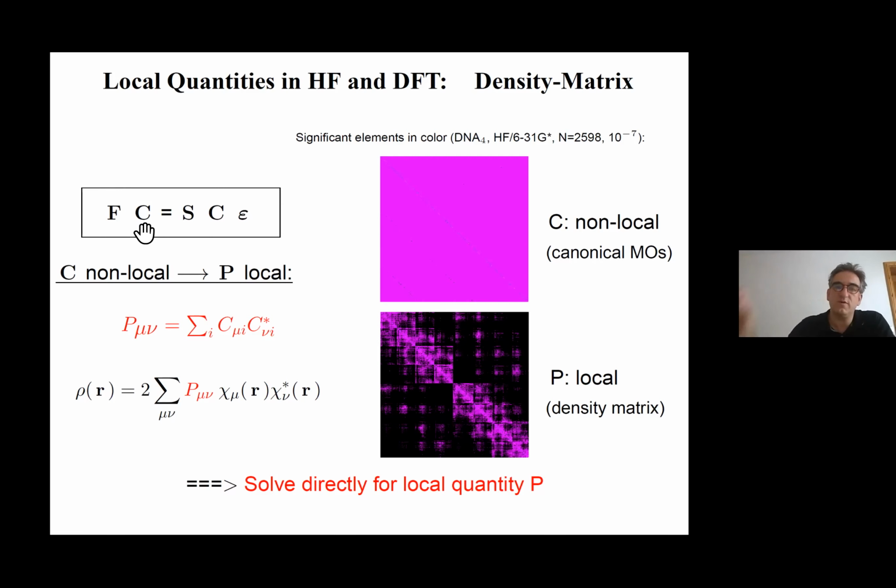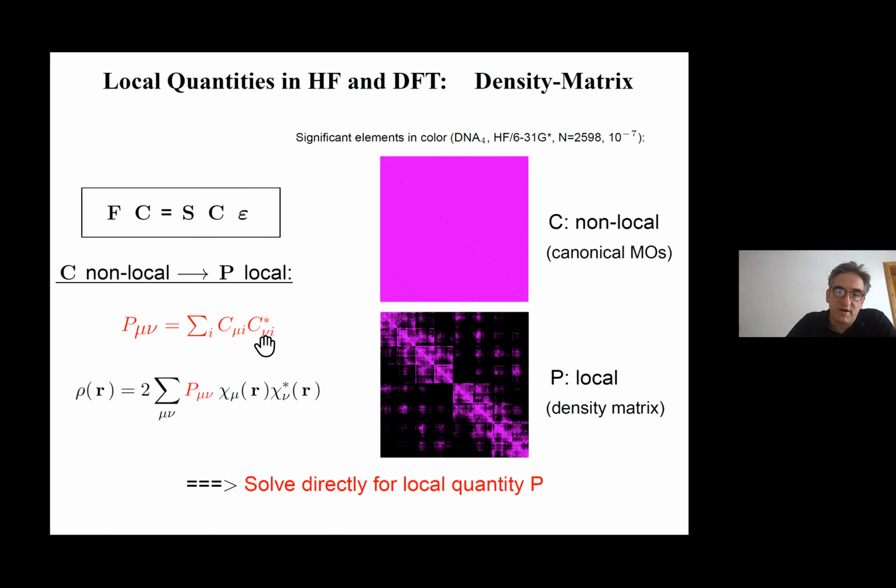If you look at this quantity, the coefficient matrix, we plotted all the zeros in this matrix in black and all the non-zeros in color. It's for a simple DNA system. Then you see basically all elements are significant. So the canonical molecular orbitals, which one gets out of this equation, are delocalized over the entire system.